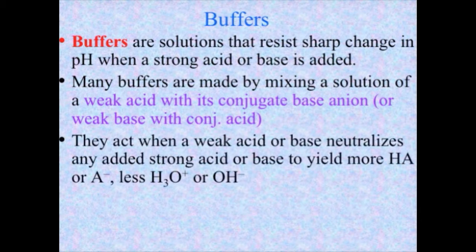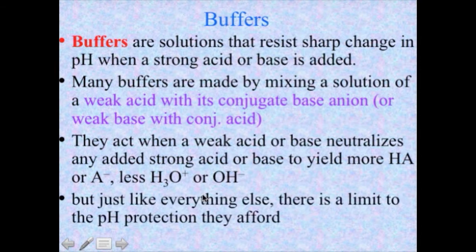They act when a weak acid or base neutralizes any added strong acid or base to yield more of the weak acid or conjugate base and less of the hydronium ion or hydroxide ion. And after all, it's hydronium and hydroxide that affect the pH. But just like everything else, there's a limit to the pH protection they can afford.